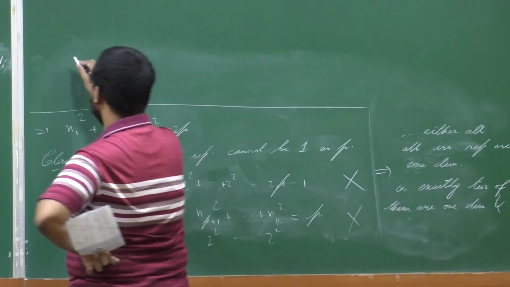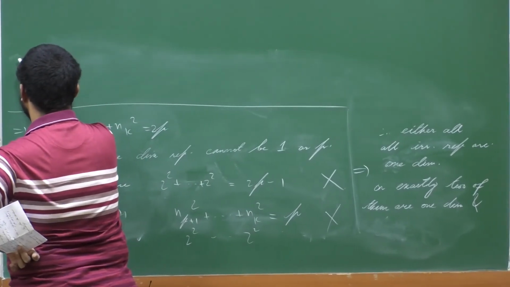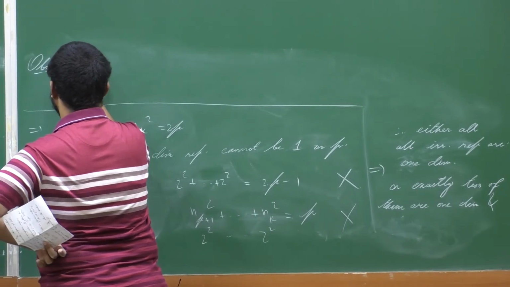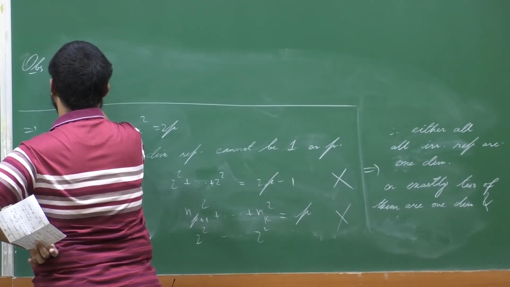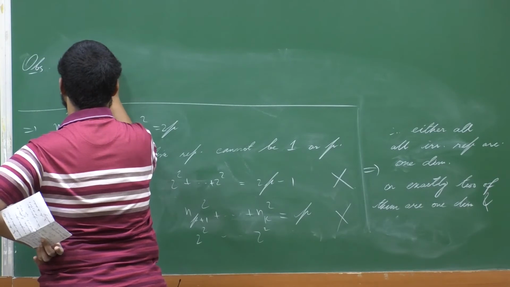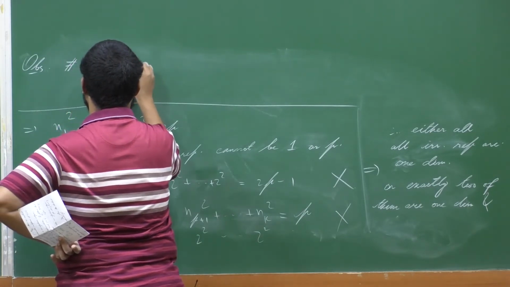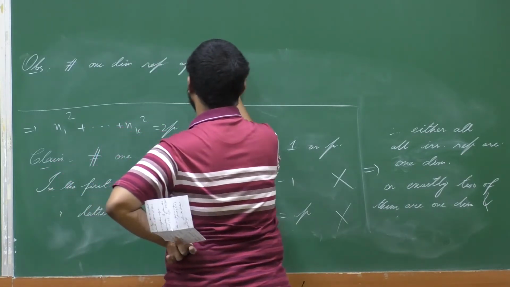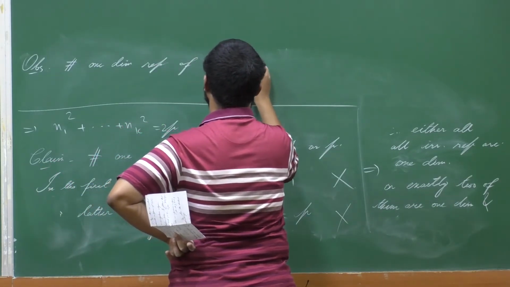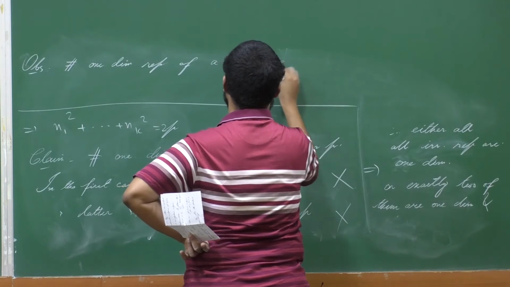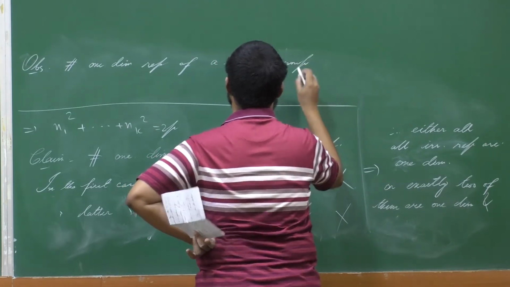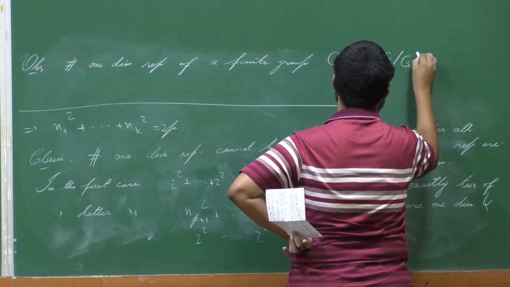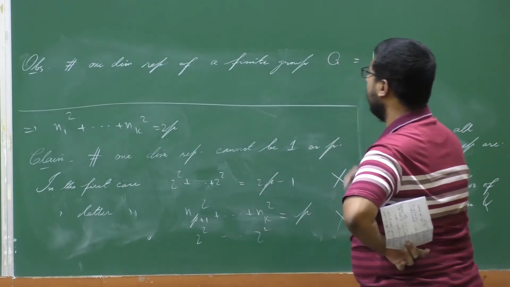This observation we have already made, recall that the number of one dimensional representations of a finite group G, where all representations are complex representations, is the same as the order of G modulo G prime. This is already what we have observed.